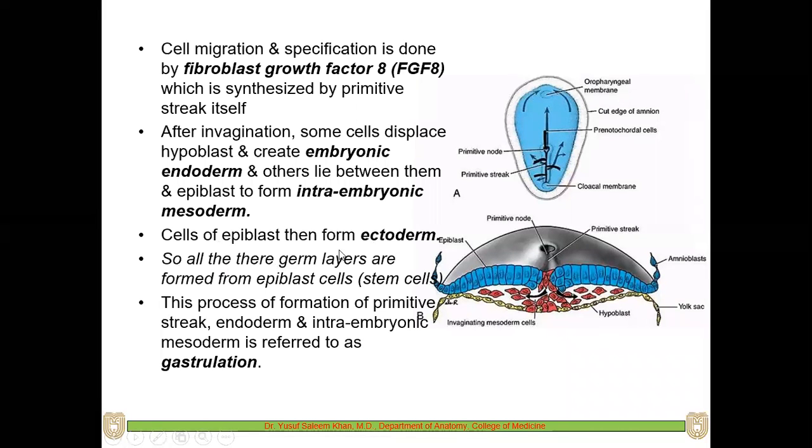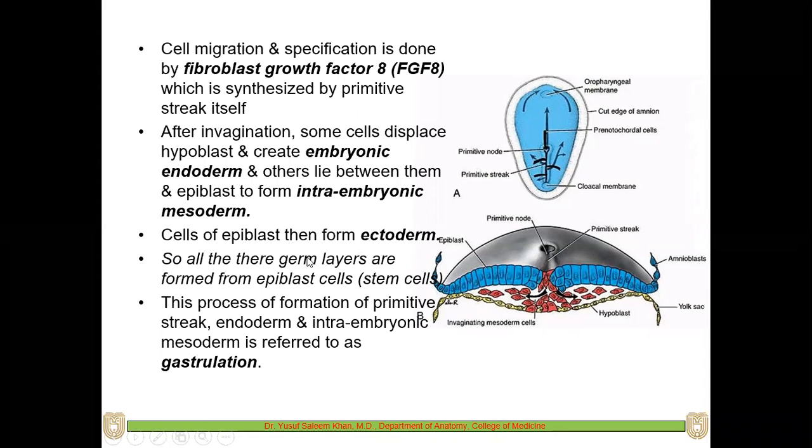So all three germ layers are formed from the epiblastic cells. Because the primitive streak has formed from the epiblast, the mesoderm is formed from the epiblast. Even the hypoblast, initially these two were one, so even the hypoblast is formed from the epiblast.